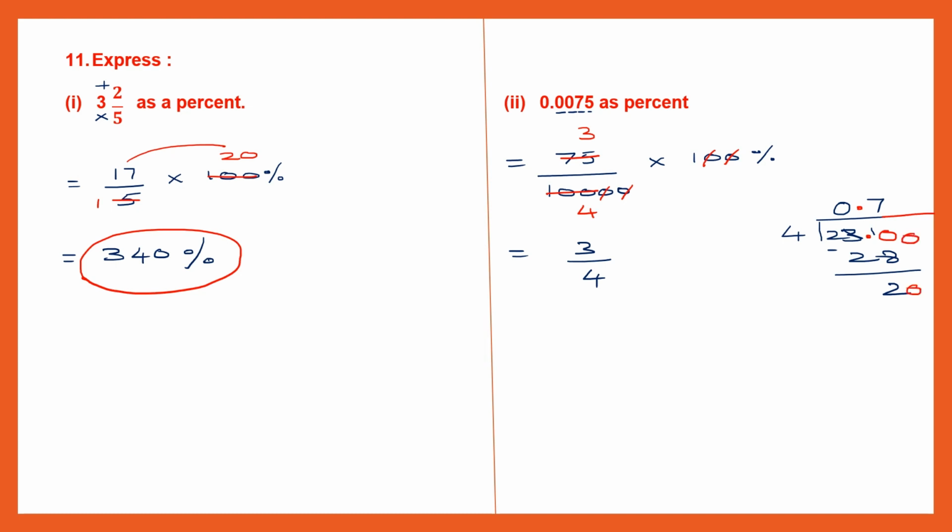Now my number is 20. 4 fives are 20, minus 0. So 0.75. So here let's write that, 0.75 and put the percentage sign. Now here also you can put the percentage sign. So our final answer here is 0.75%.